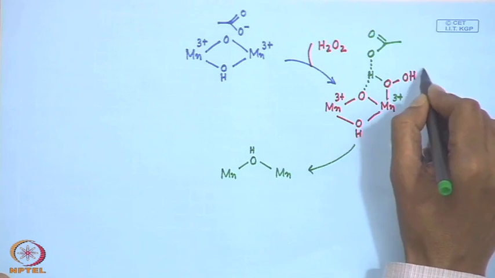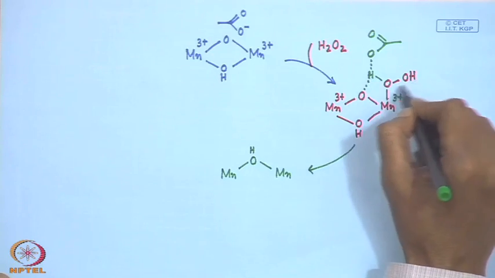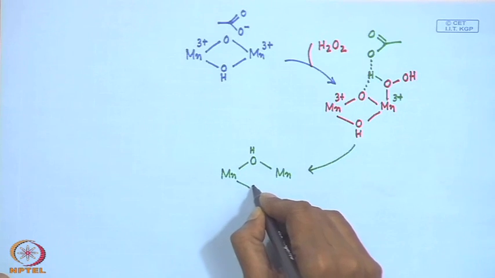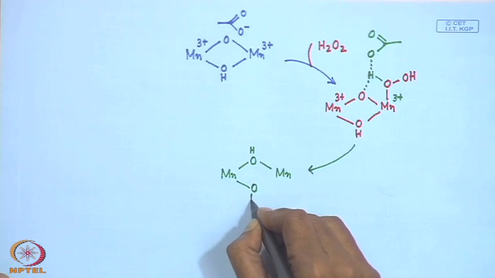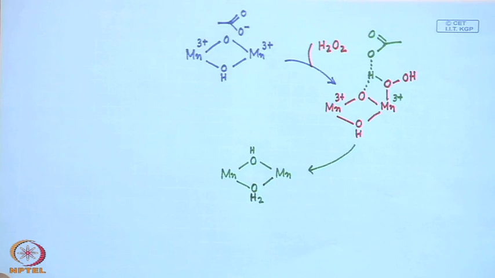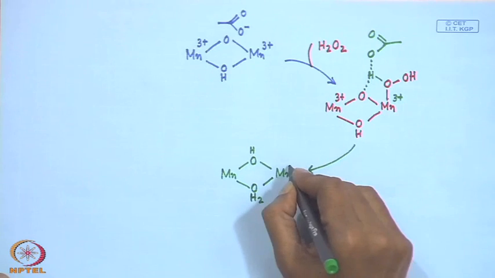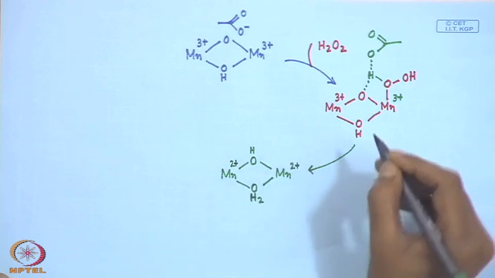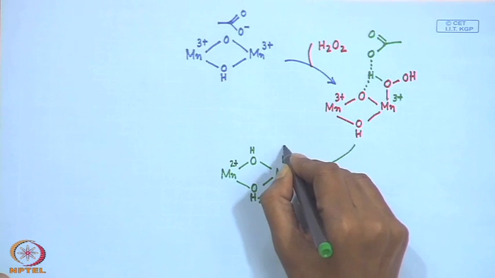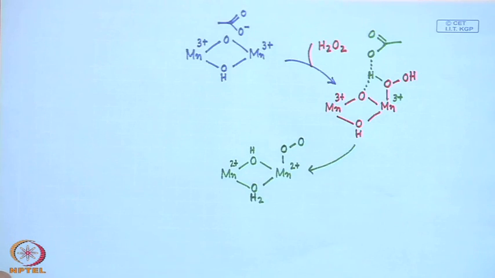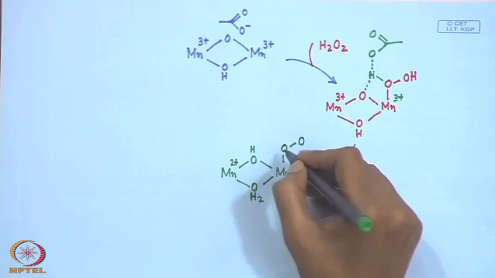So, this hydrogen can also be released. Hydrogen peroxide is basically giving you 2 protons together. So, this one was OH, this one will be OH2, and the corresponding oxidation state of manganese will also change, and like the binding in myoglobin or hemoglobin, we can now write it as a dioxygen coordination.